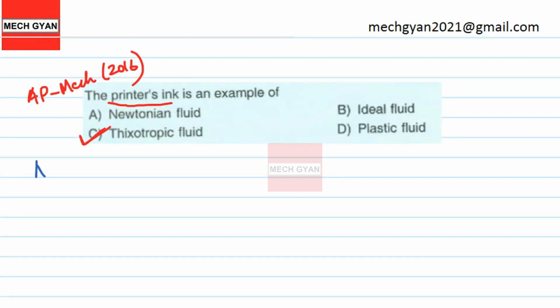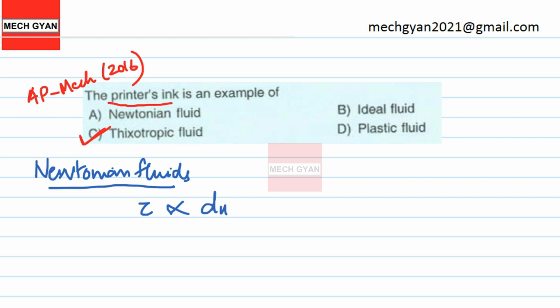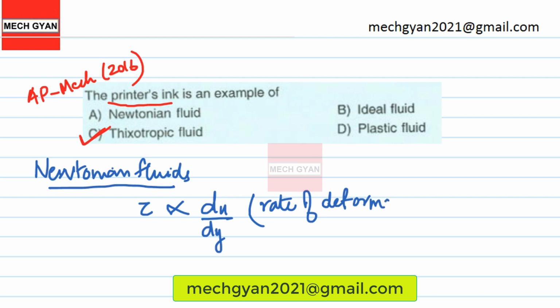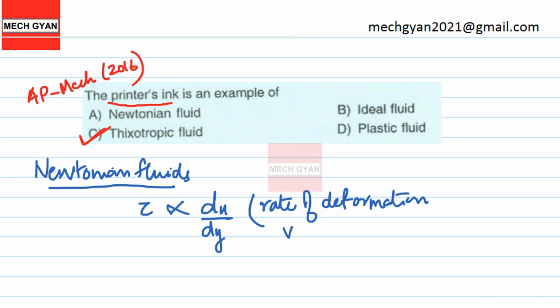So what are Newtonian fluids? Basically, Newtonian fluids are fluids for which shear stress is directly proportional to the rate of deformation. This du by dy is known as the rate of deformation, or also known as velocity gradient.